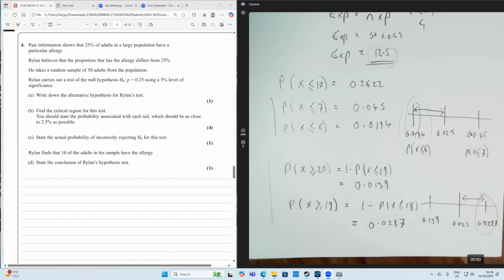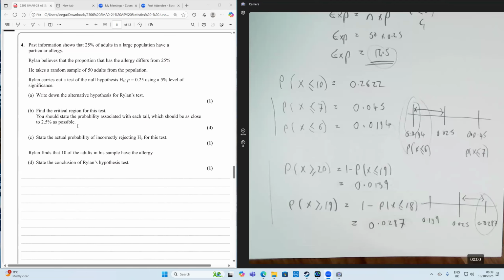If this was a normal question and this particular wording wasn't there, which should be as close as possible to the 2.5, then the critical region would have started here at 20, because this is the first value that is less than the 0.025. So if the wording hadn't said must be as close as possible, we would have gone with this value.